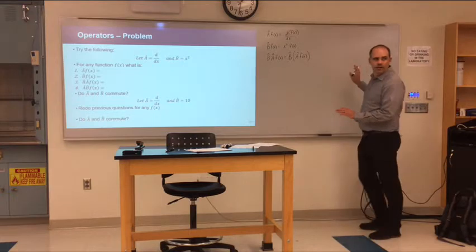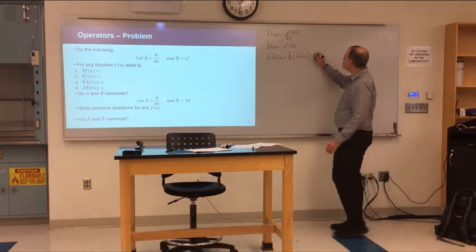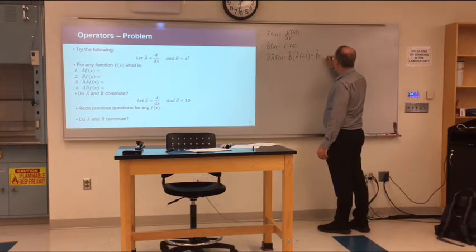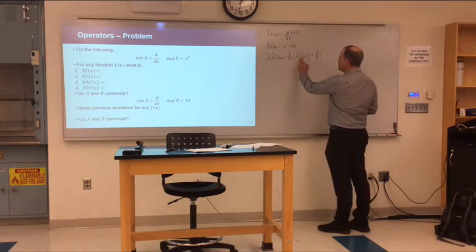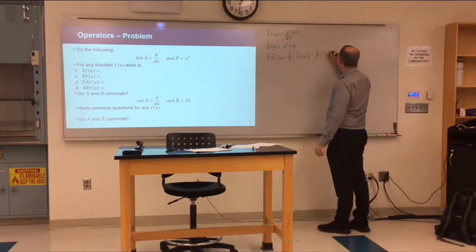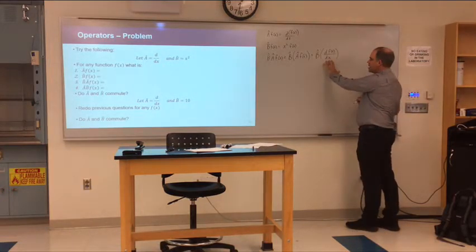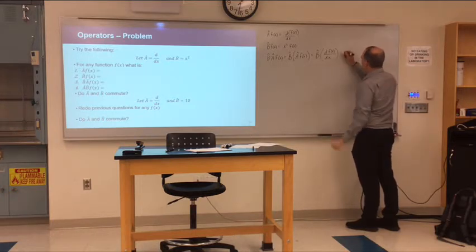You start from the right and move your way left. A hat f of x was d f of x dx, so we take that result, use that as a function to apply B hat to, and so that would be x squared times d f of x dx.